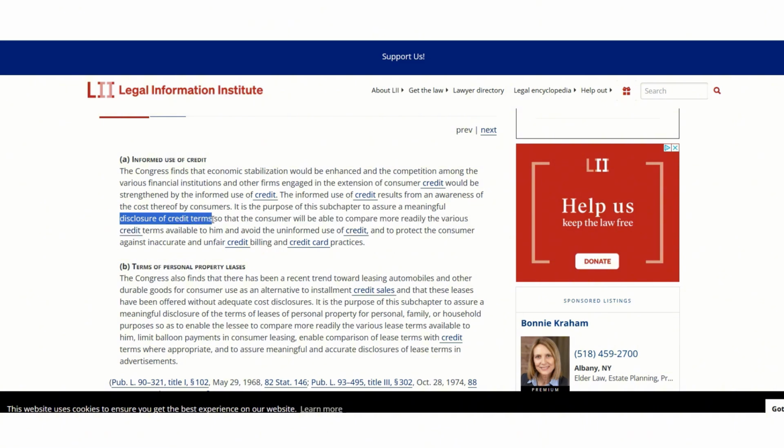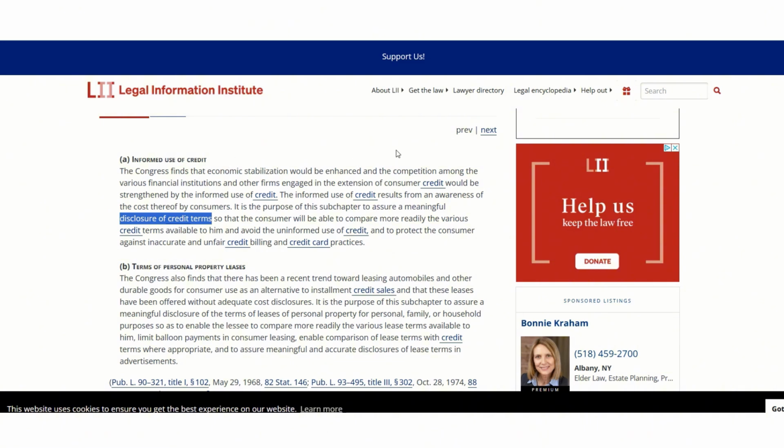So this subchapter is to assure a meaningful disclosure of credit terms so that the consumer will be able to compare more readily the various credit terms available to him and avoid the uninformed use of credit, and to protect the consumer against inaccurate and unfair credit billing and credit card practices. All right. So now let's get into it.